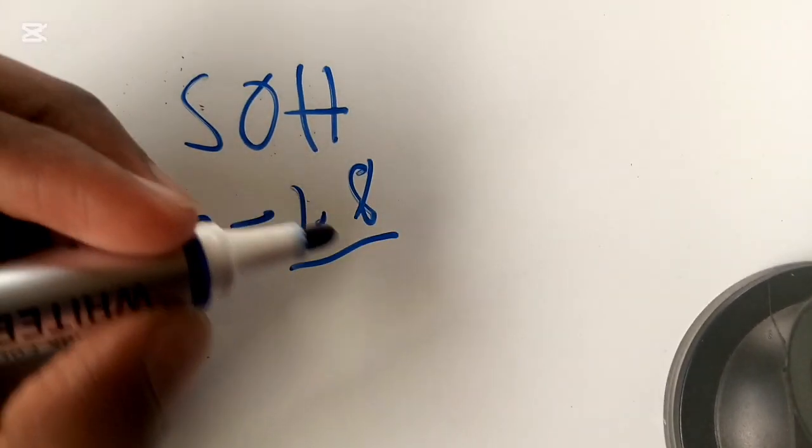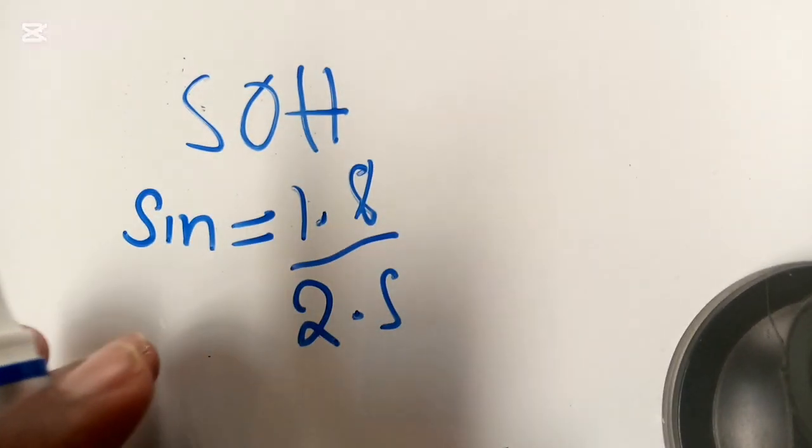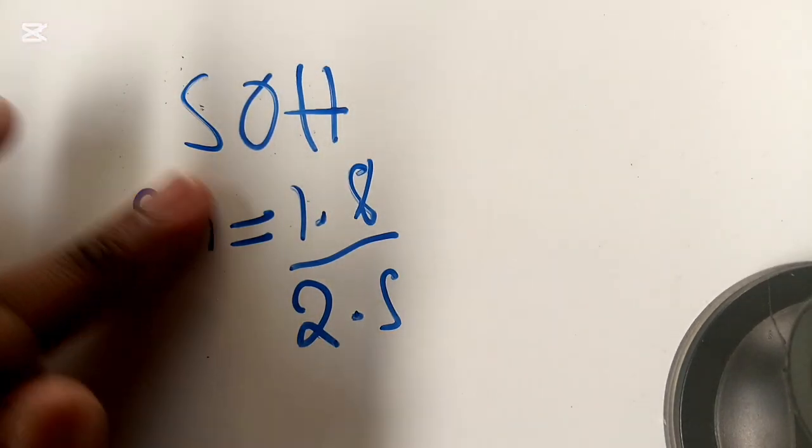So that means we use the sine ratio, which is simply opposite over hypotenuse. So now we want to find sine. Our opposite is 1.8 and our hypotenuse is 2.5. So this is going to be sine theta.